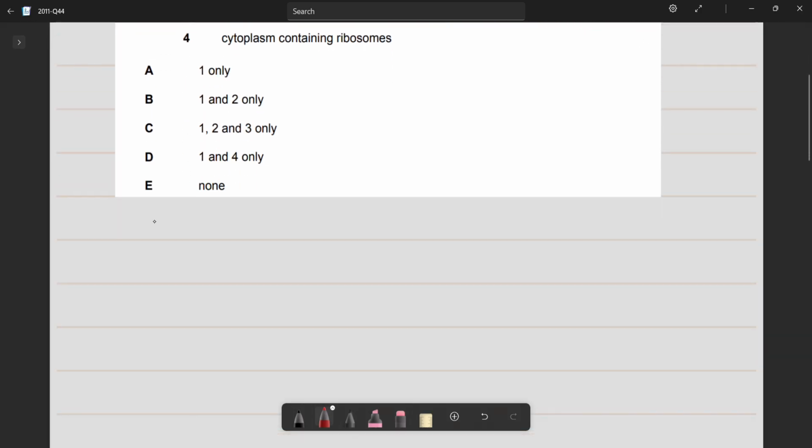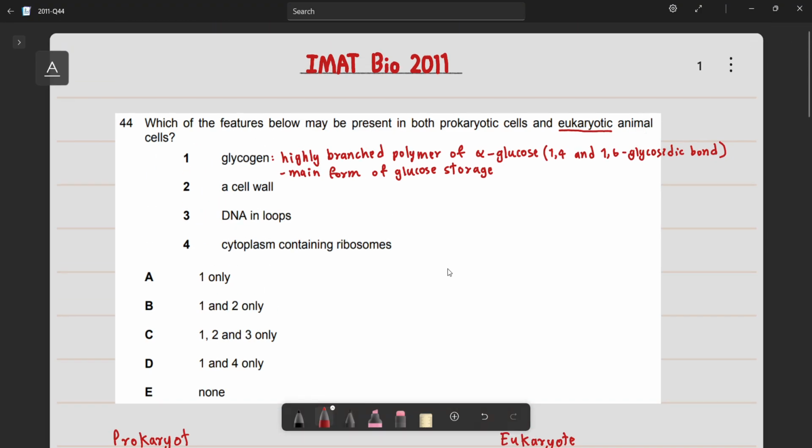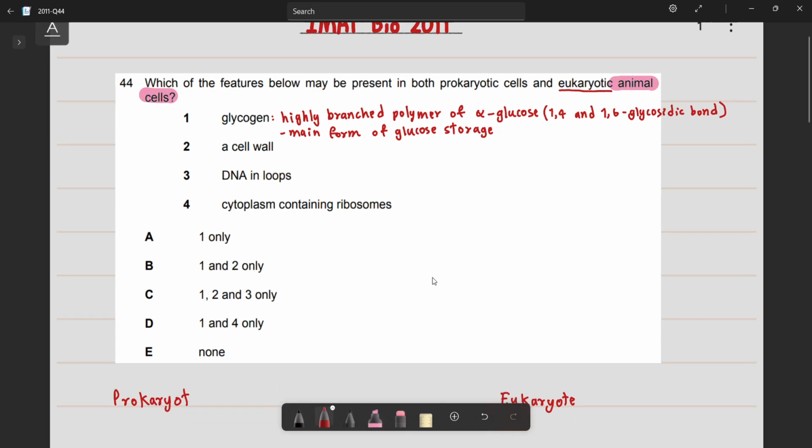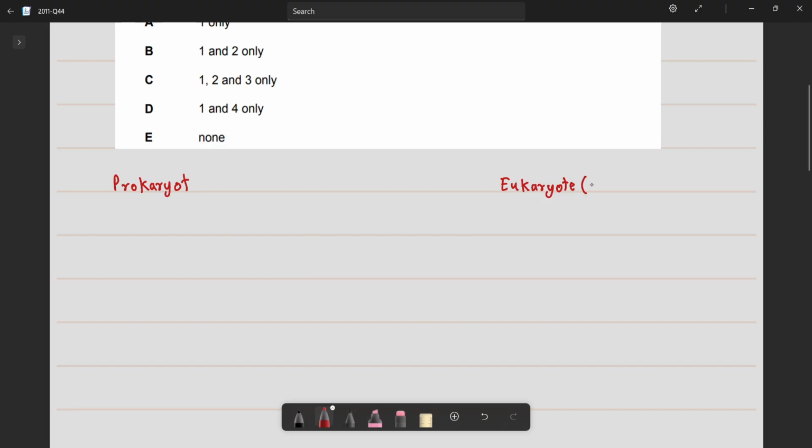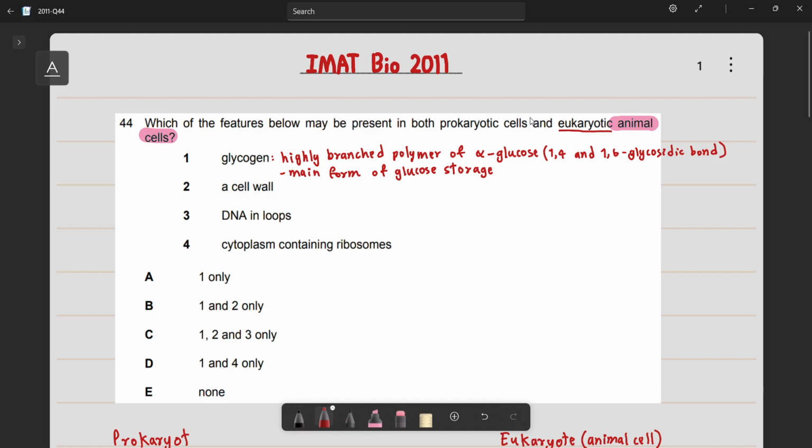Right down here, I'm going to write the things that are common and where they are found: prokaryote and eukaryote. Since the question mentions animal cell, I am going to be strict about animal cell here. But for prokaryotes, they haven't specified any sort of cell, because prokaryotes are divided into two domains, bacteria and archaea.